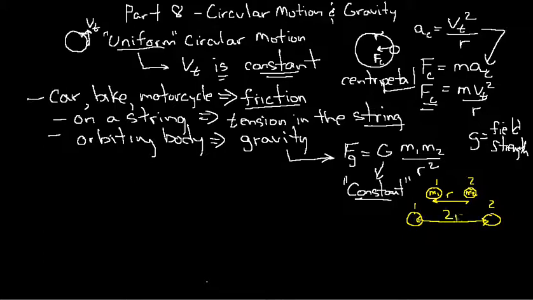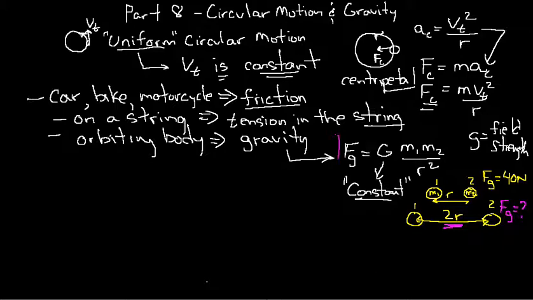We double the distance, so now we're twice r apart, center to center. And I want to know, how does the force of gravity now compare in this case? Suppose, for example, over here the force of gravity was 40 newtons. And we want to know what happens to the force of gravity in this case where the distance between the two objects is doubled. Can we figure that out?